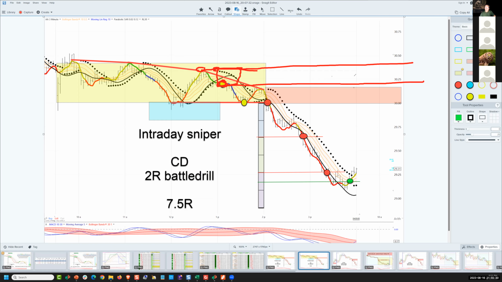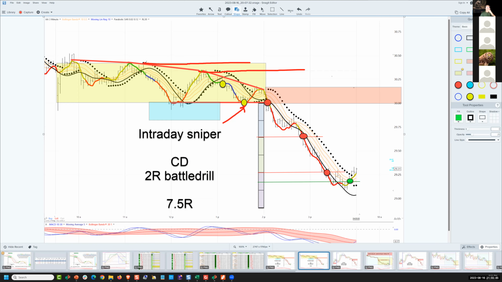If I take this one, where is my execution stop? Right here. Or here. Not any closer than here, though. Any one of those, 1, 2, or 3, keeps you in this same trade.